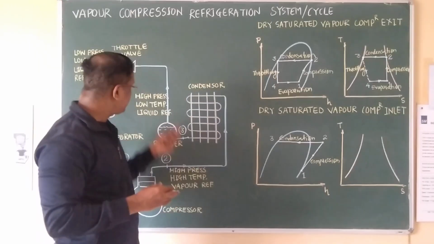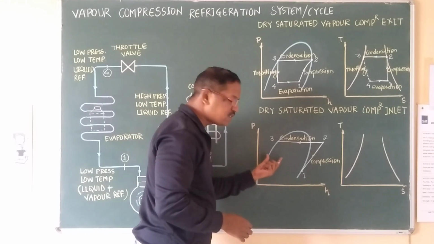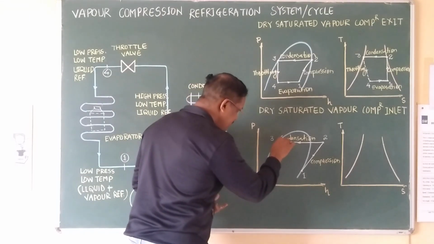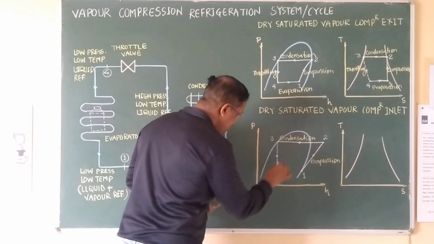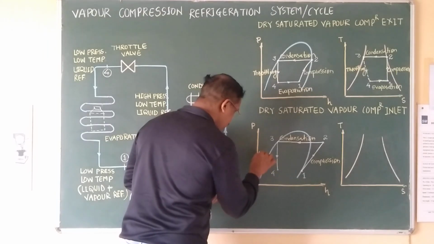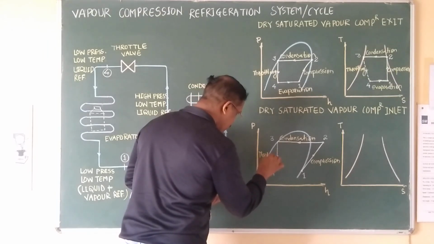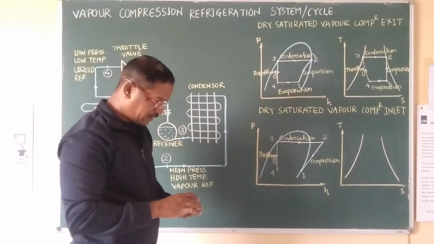After that again throttling, and as I said, throttling is a constant enthalpy process, so it is a straight vertical line. Enthalpy remains the same and reaches point 4. Throttling process.